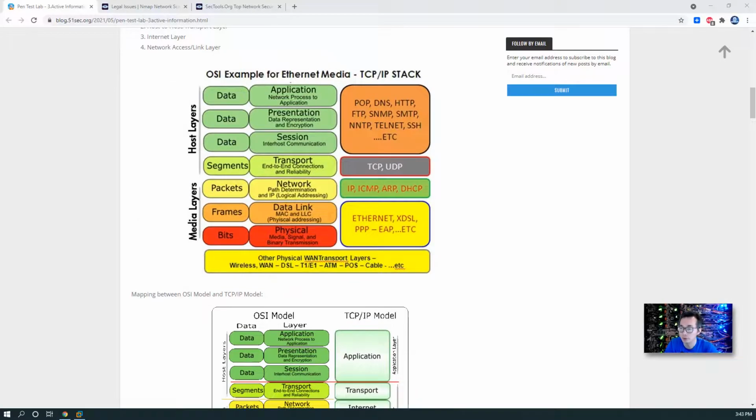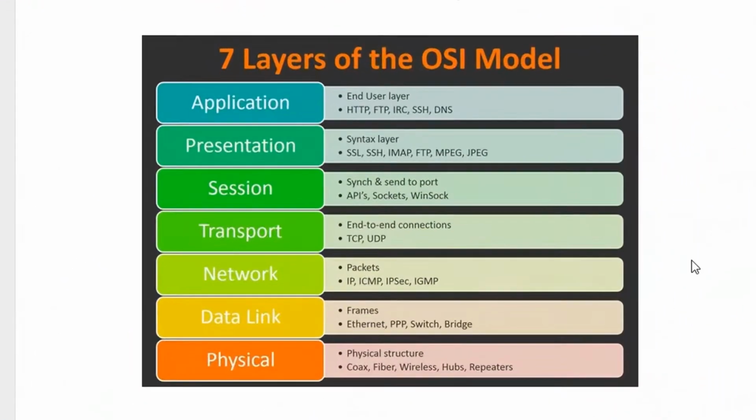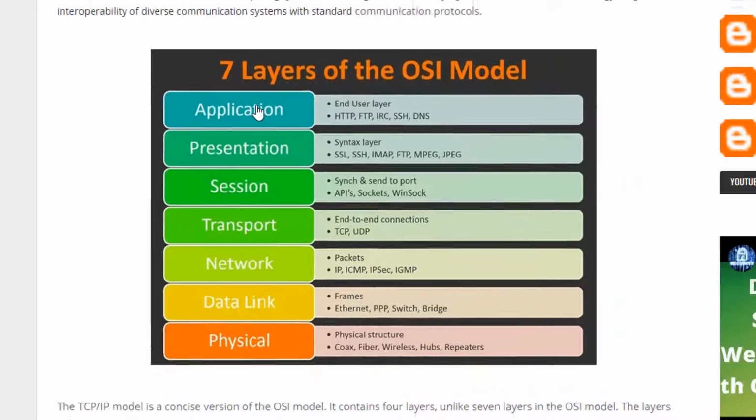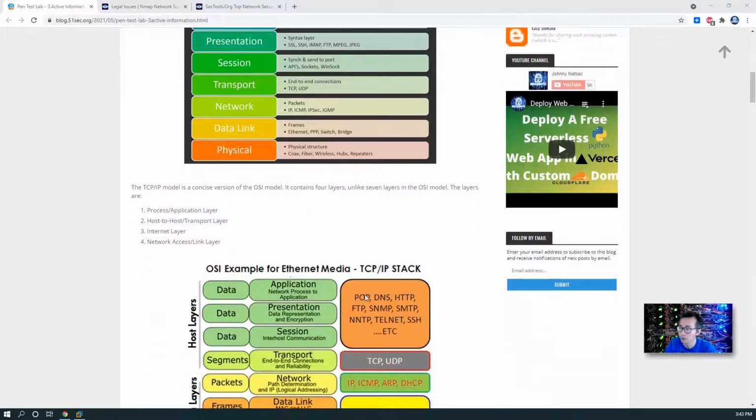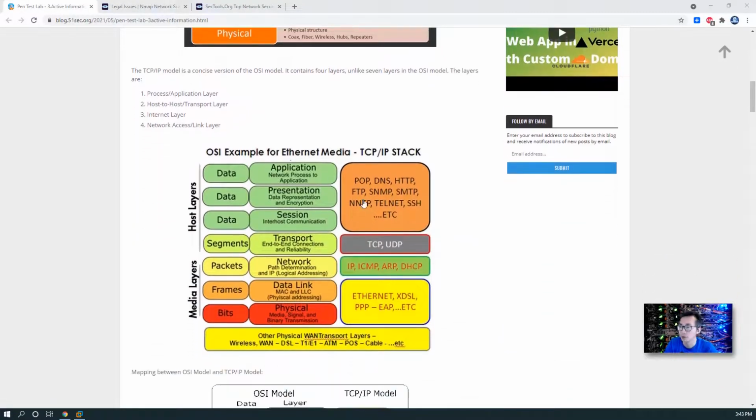Before we start to use the tools, we should know some basic TCP/IP and OSI models. This is the OSI 7 layers model. You will find 7 layers: physical, data link, network, transport, session, presentation, and application layer. Another popular model is the TCP/IP stack model, which only includes 4 layers.